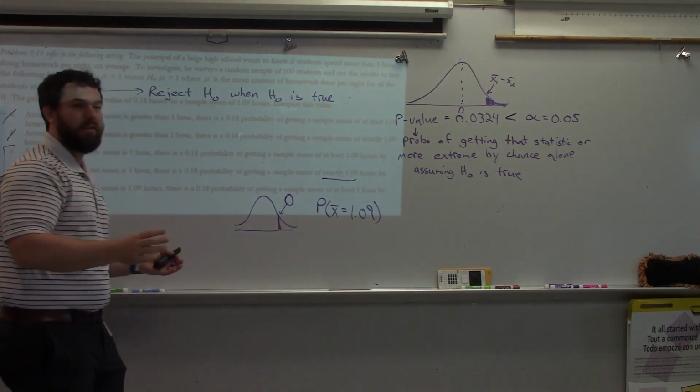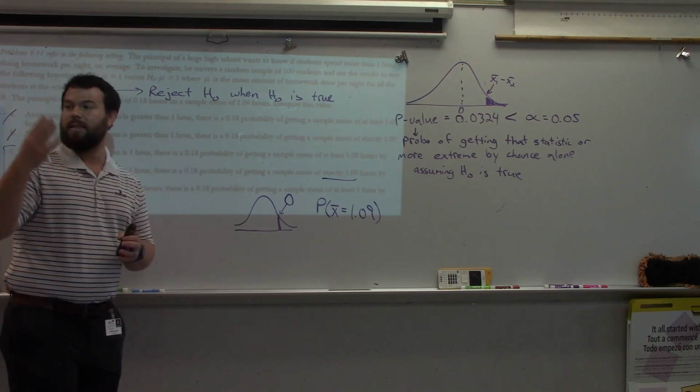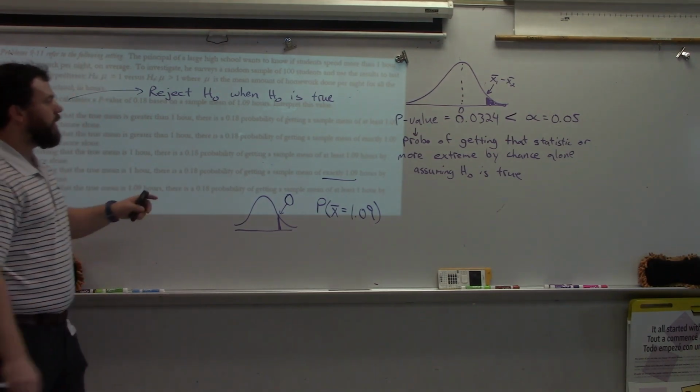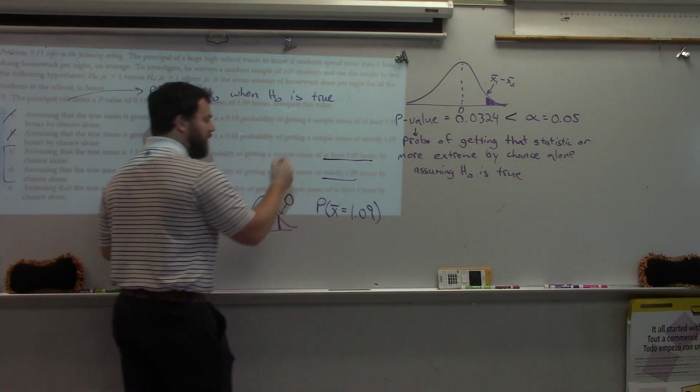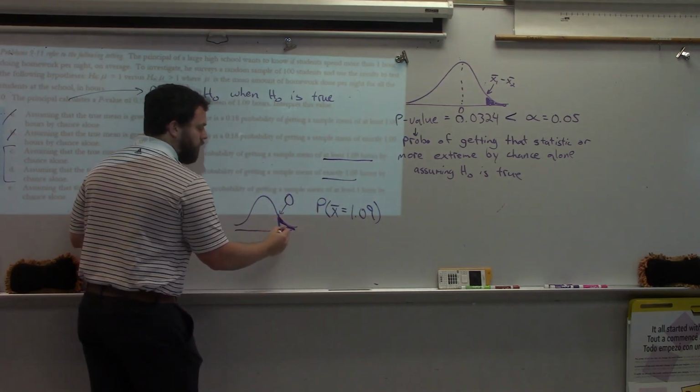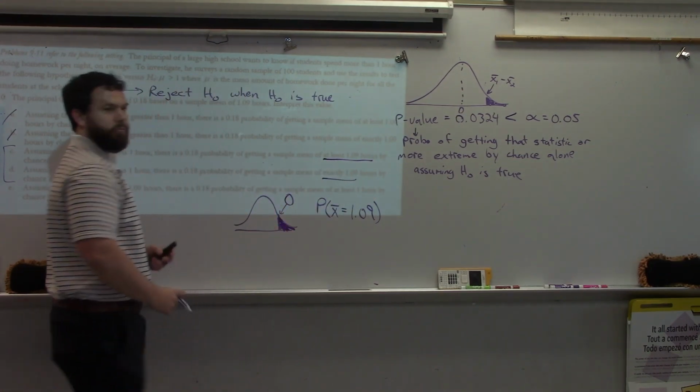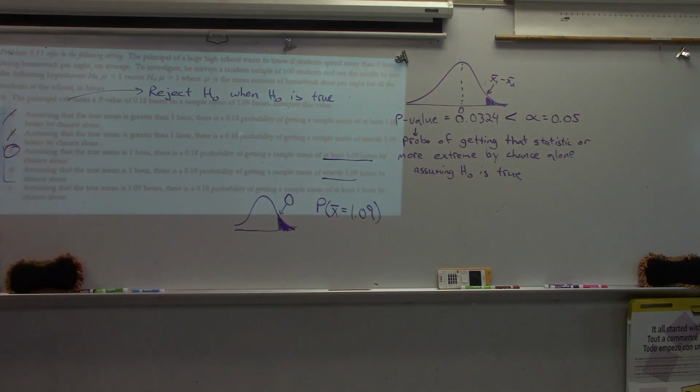There is no area under the curve for exactly that piece. It had to be that extreme or more extreme. Or if it's two-tailed, you have to look at both sides.